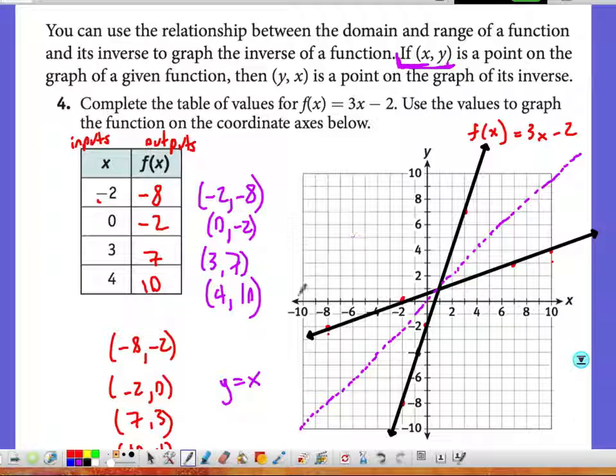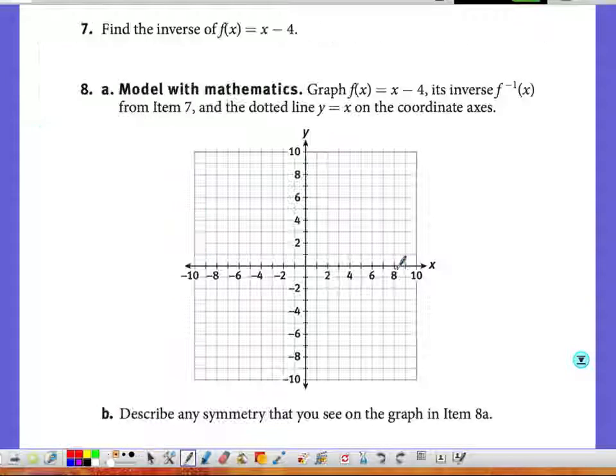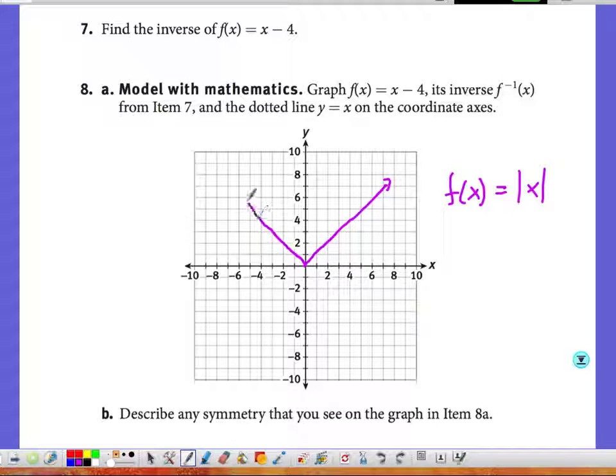When we went over the transformations a long time ago, let me just use this graph. Remember when we graphed the function f of x equals the absolute value of x? It's a V shape that looks like this. There we go, that's better.